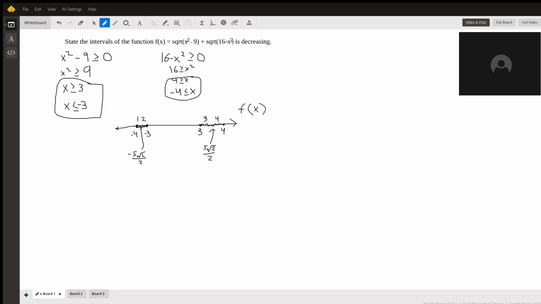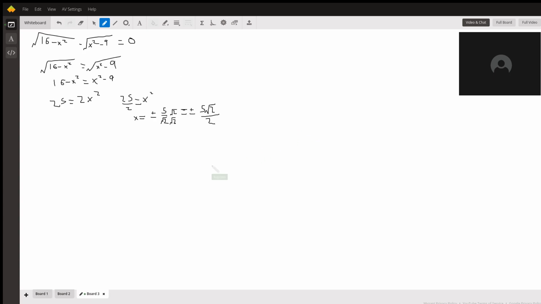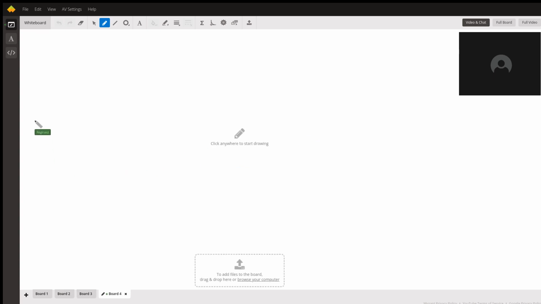So let's try -3.9. I'll add another word, f prime of x. So you've got interval 1, 2, 3, and 4.